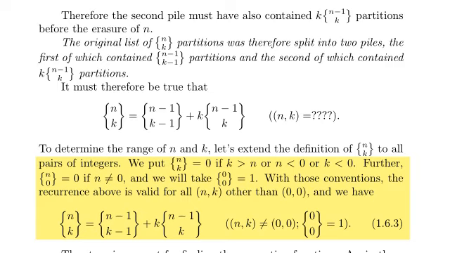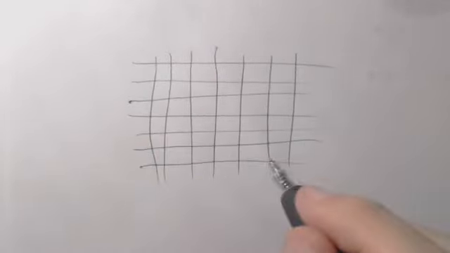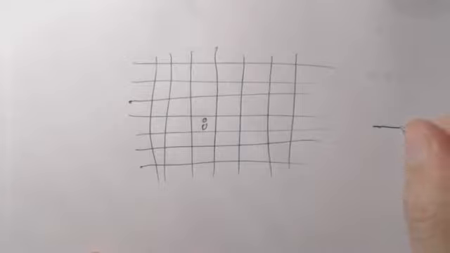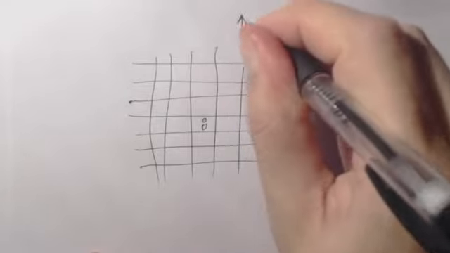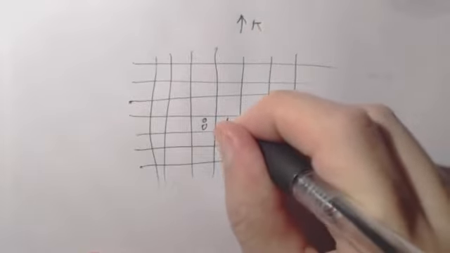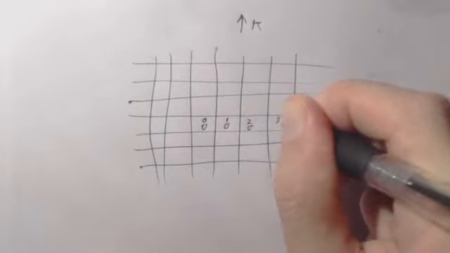And so the best way of describing this perhaps is drawing a picture. So if I draw a grid, these are all meant to be squares, and if we imagine that each square represents a point on the integer lattice, so let's call this 0, 0, I'm going to have n's going in this direction, k's going in this direction, so this will be 1, 0, 2, 0, 3, 0.